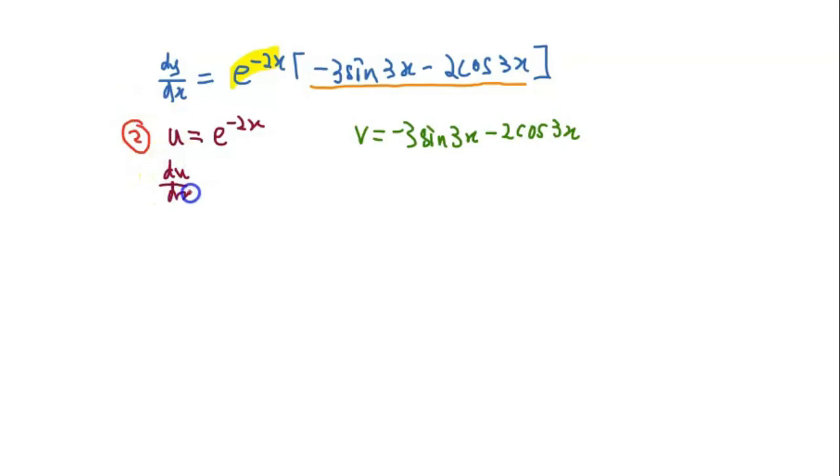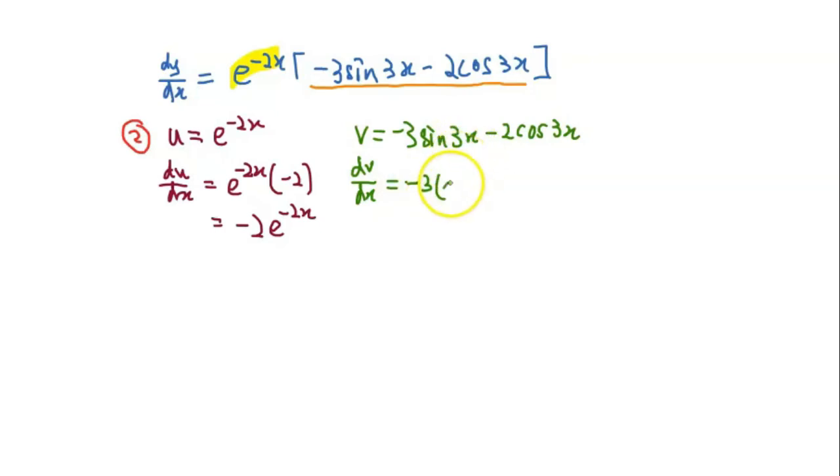Differentiate u with respect to x: copy back the exponential function and differentiate its power negative 2x, which equals negative 2, giving negative 2 e to the power of negative 2x. Then we differentiate v with respect to x, which equals negative 3. Differentiate sin 3x equals cos 3x.